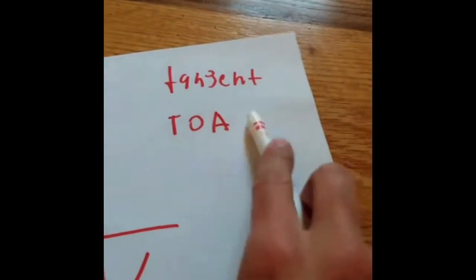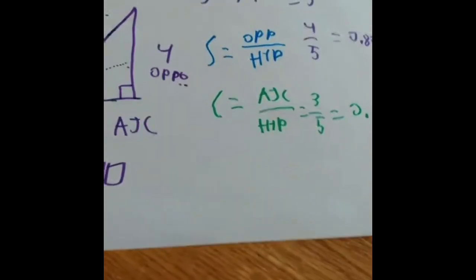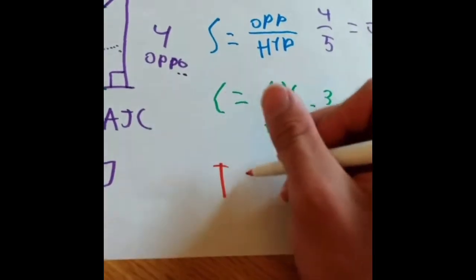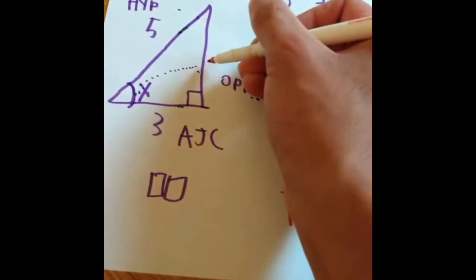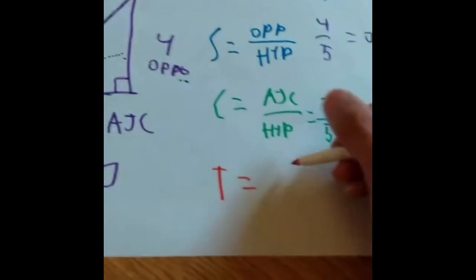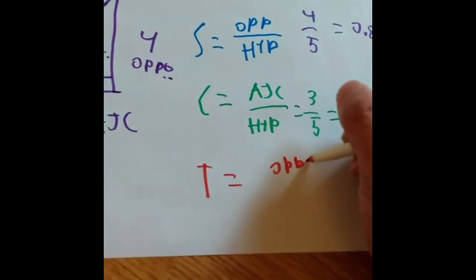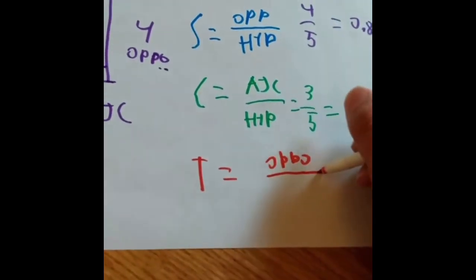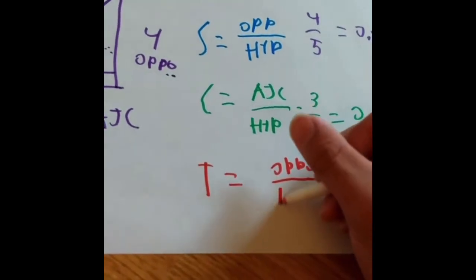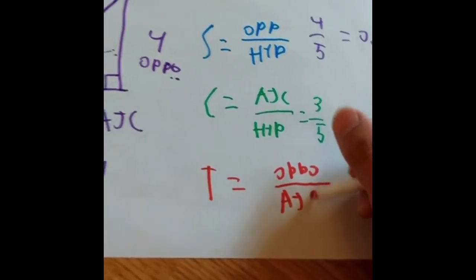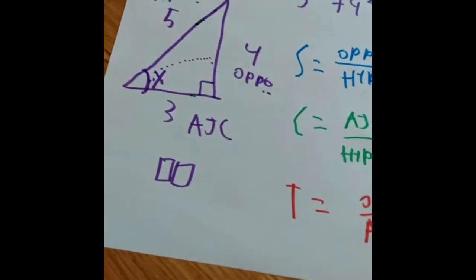Now comes my favorite, the tangent. The formula for tangent is going to be the opposite, which is this line, the height, divided by the adjacent, which is this bottom line.